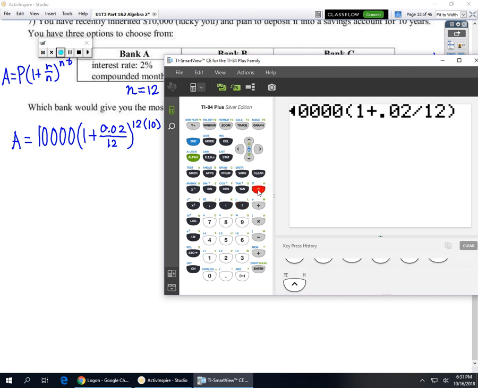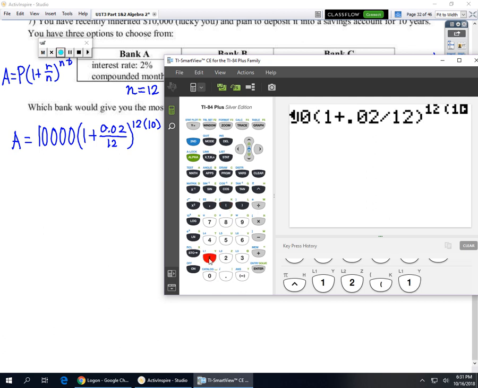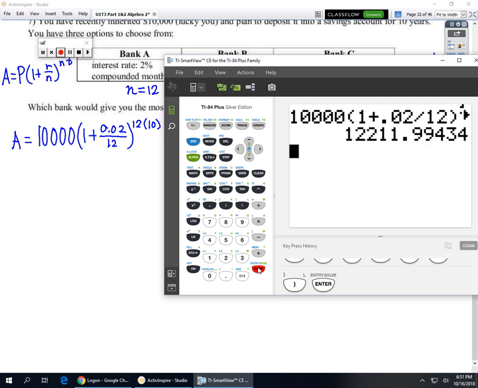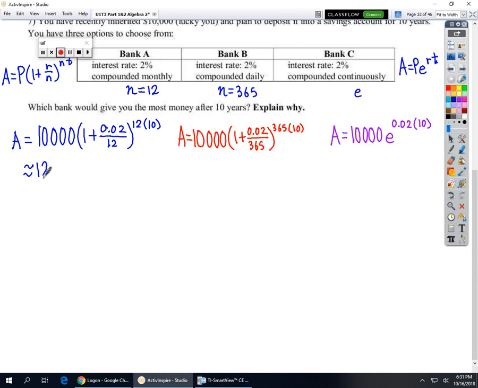And the exponent I'm going to be putting is 12 parentheses 10. How much money is that? That's $12,211.99. There we go. So this is how much money you're getting from the first bank.